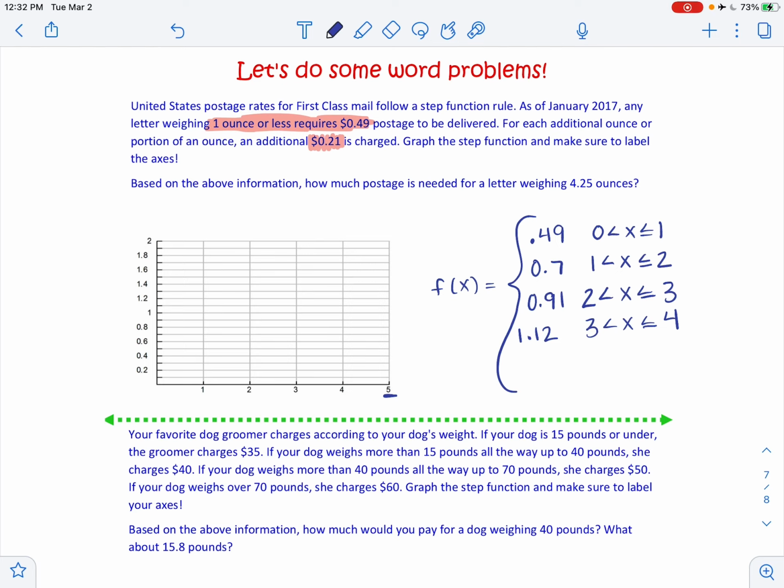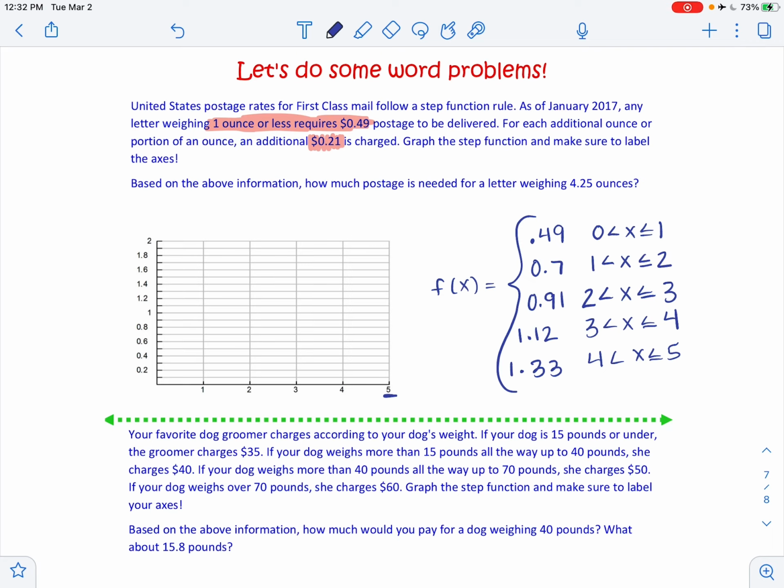The next step, again, I would add 21 cents, and we've got $1.33 between 4 and up to equaling 5 ounces. So here's our step function for how much you would pay in postage for various weights of letters.